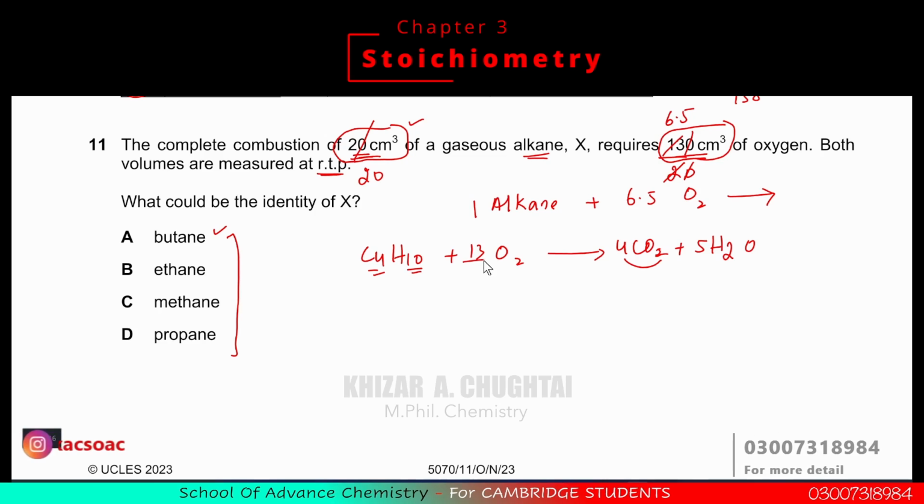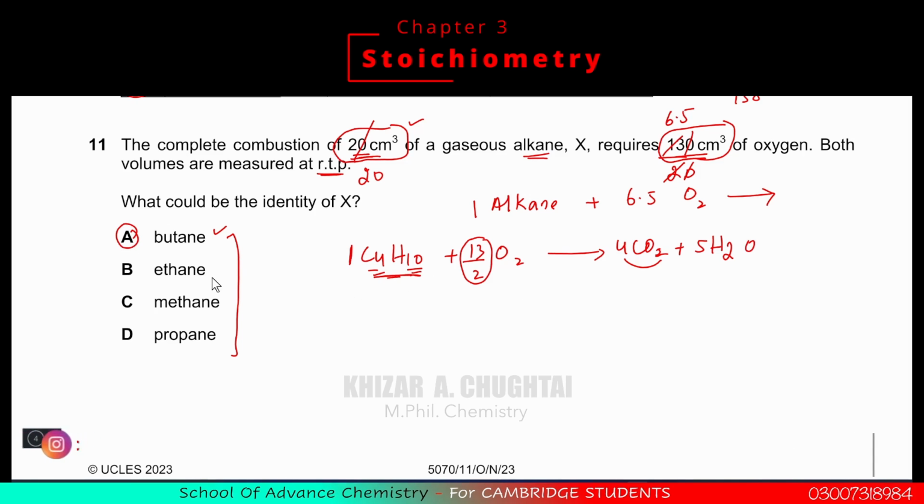So 13 by 2 O2 is the answer, and that is 6.5. That is 6.5, yes. And this is the, 1 mole of this butane is going to react with the 6.5 mole of oxygen to make this compound. I think A is the correct option.